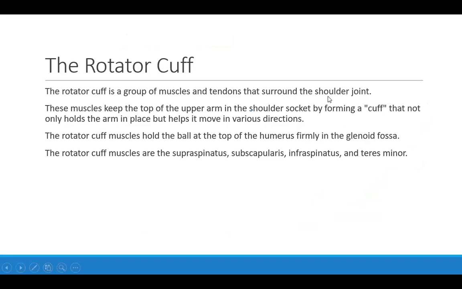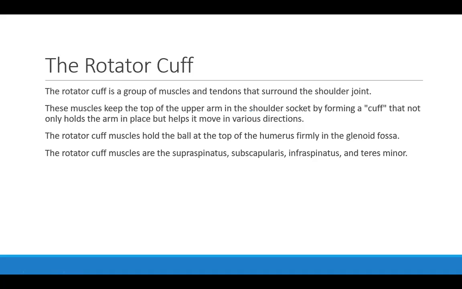Now, here's a set of muscles that gives lots of people problems, both at a young age and at an older age, elderly individuals. The rotator cuff. They are a collection of four muscles that form a cup around the glenoid cavity to hold the humerus in the socket.